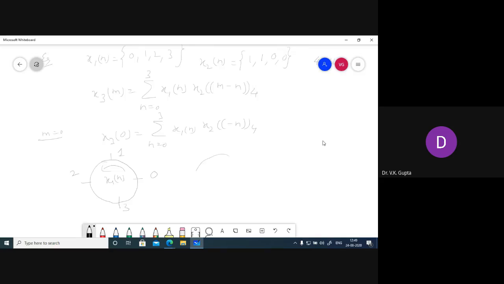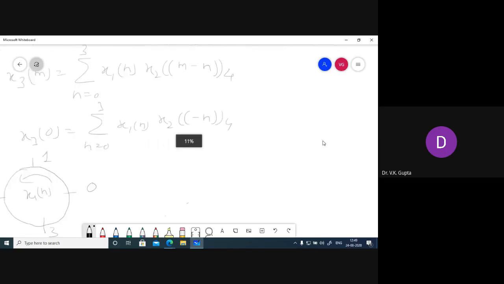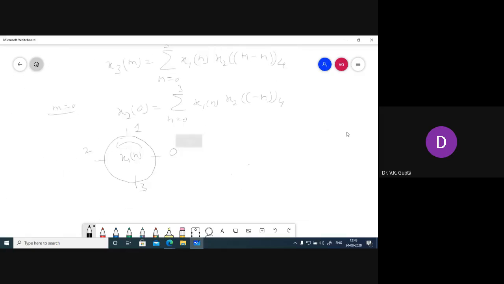Similarly, what is x2(minus n modulo 4)?